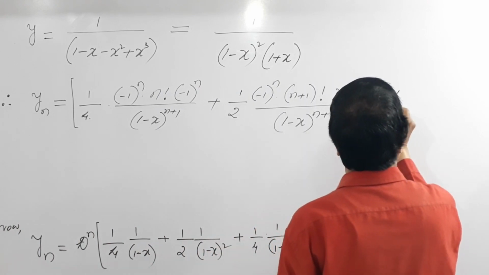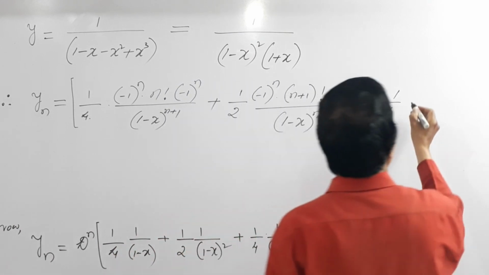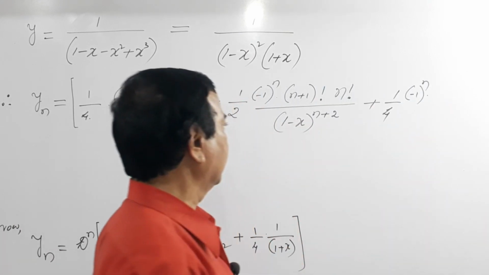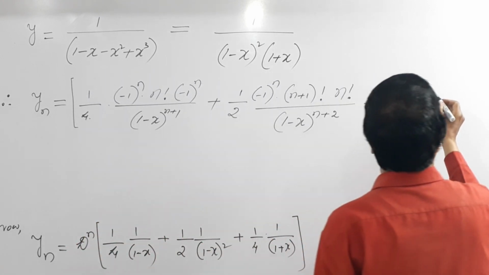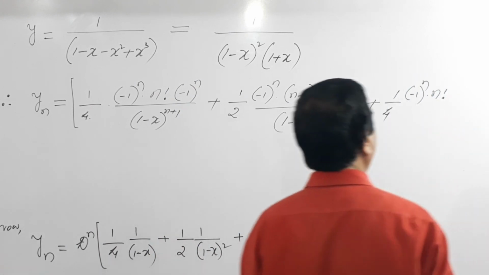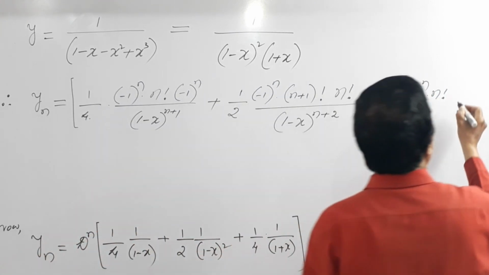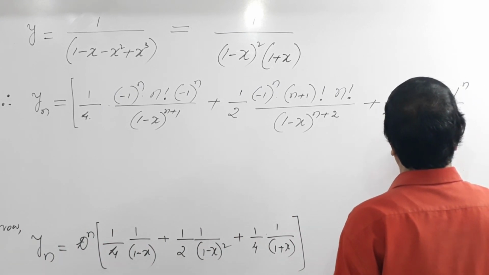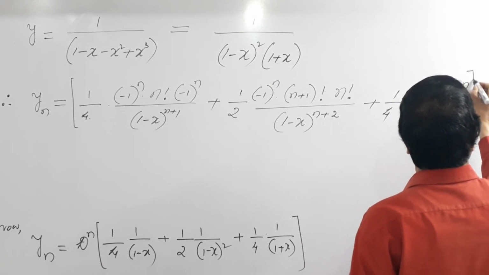Plus 1 by 4, so this will be (minus 1) to the power of n into n factorial. The coefficient of x is plus 1, so this becomes 1 to the power of n by (1 plus x) to the power of n plus 1. Close the bracket.